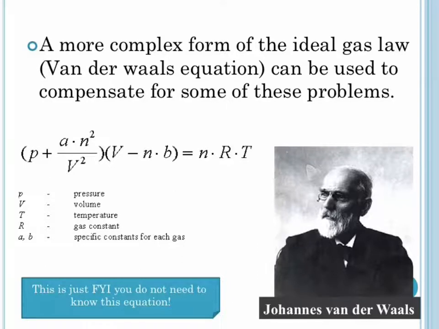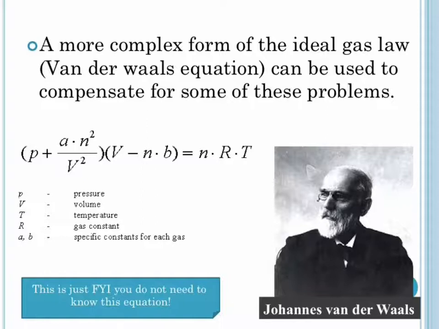So what we have is the van der Waals equation, and what it does is compensate for those deviations. This is just an FYI; you're not going to have to solve for this. But you see, because they are actually under pressure, we add back some pressure.